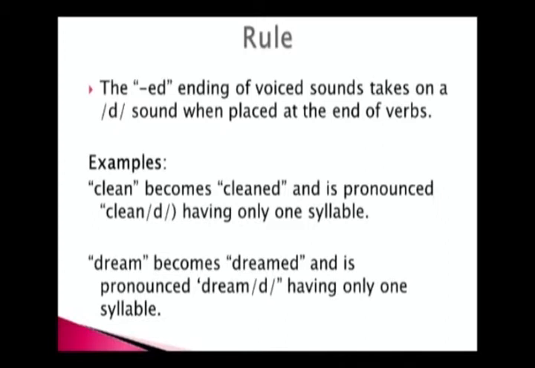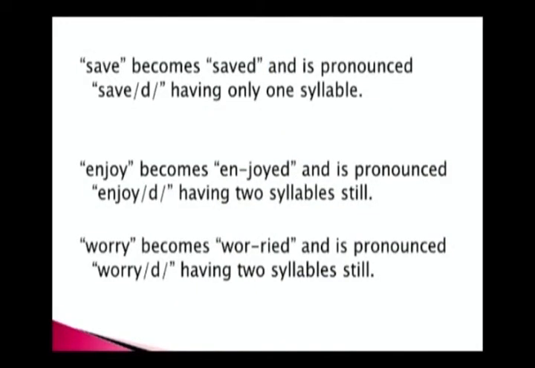The next example, the verb dream, becomes the past tense verb dreamed, and is pronounced dreamed, having only 1 syllable. A few other examples. The verb save becomes saved, and is pronounced saved, having only 1 syllable.